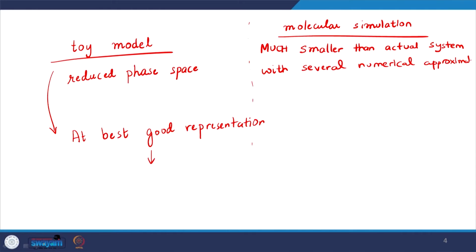At best, we can get qualitative behavior, but not really, I would say, quantitative behavior without some kind of experimental input, and we can see later as we discuss that.